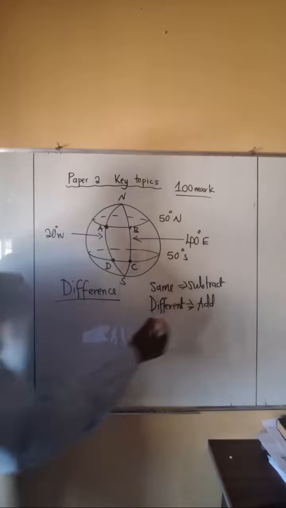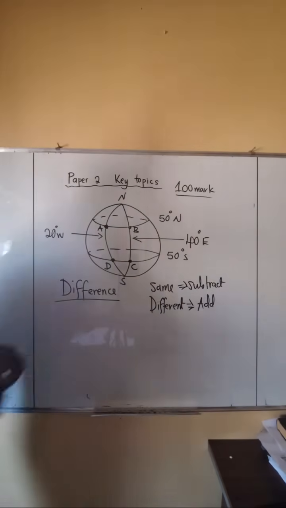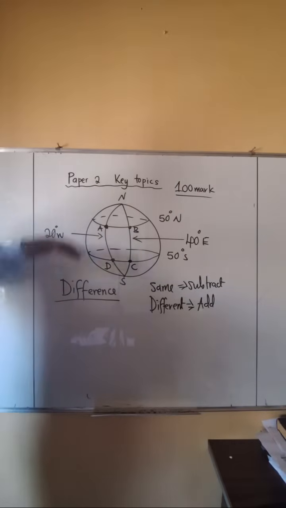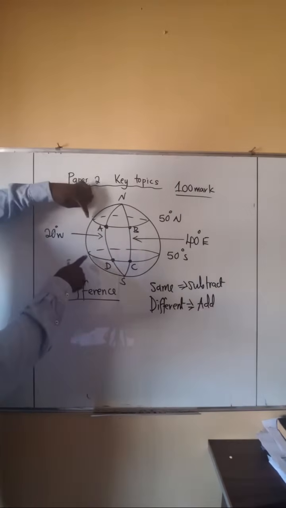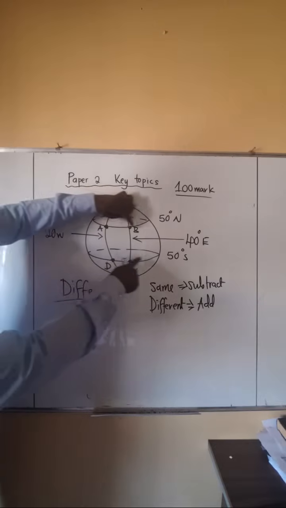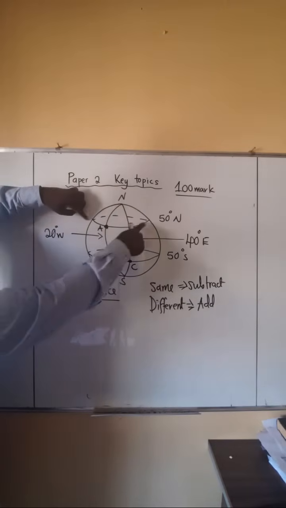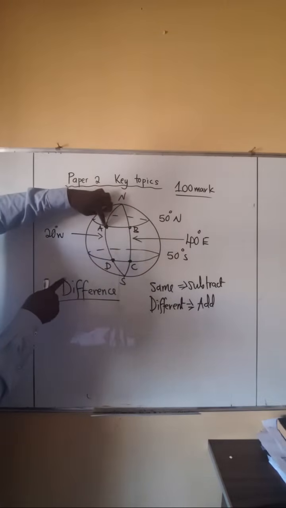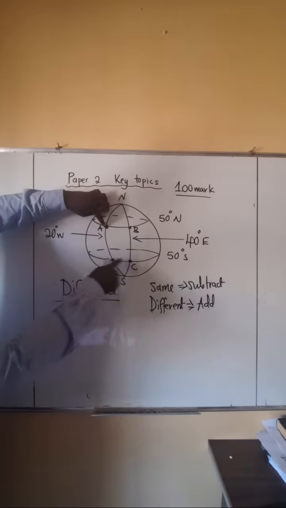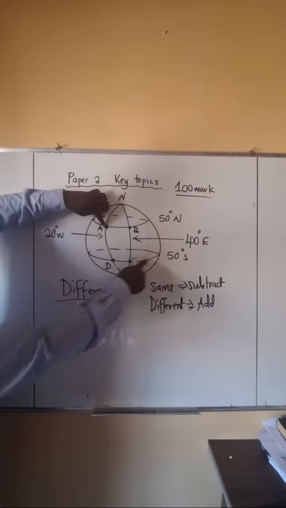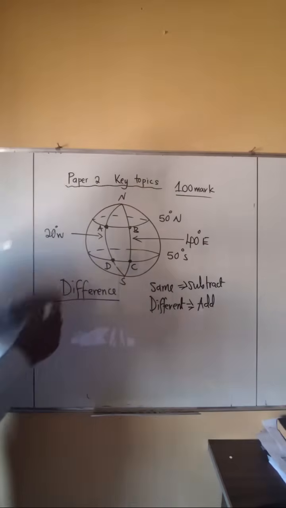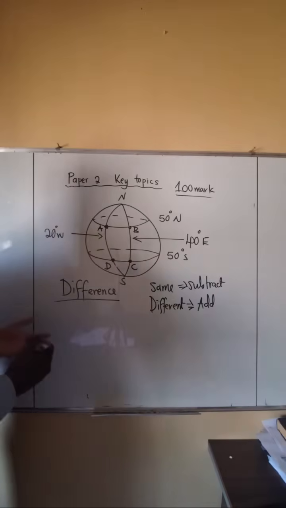Now let me make you understand what it means when we say same sides, we subtract, different sides, we add. They have said the difference in latitude. This is the latitude and this is the latitude. This latitude here at point A and latitude here at point D, the difference. Can you say they are in the same direction or the same side?